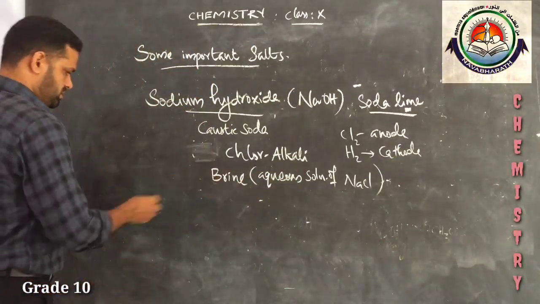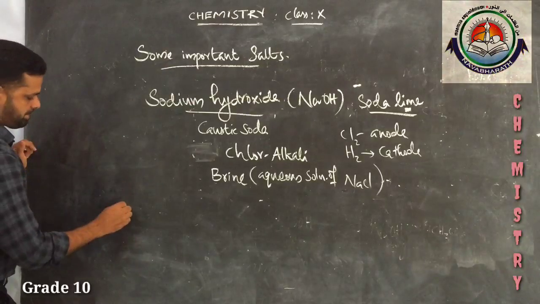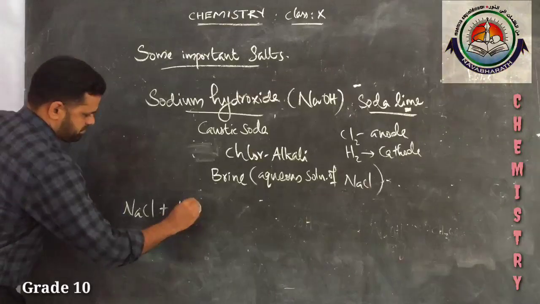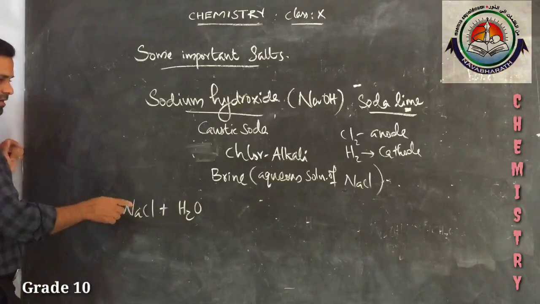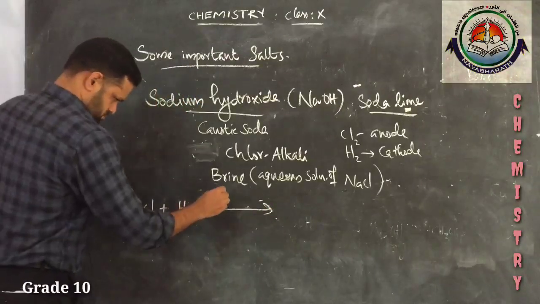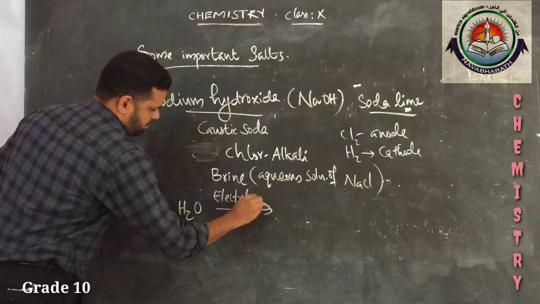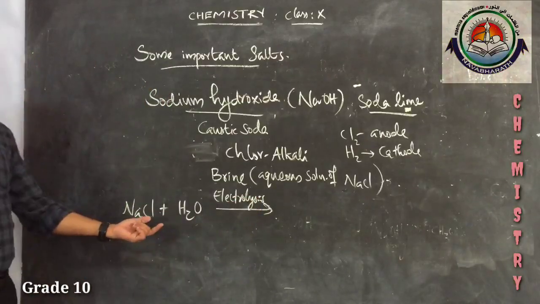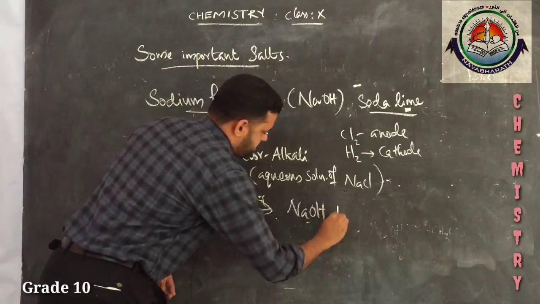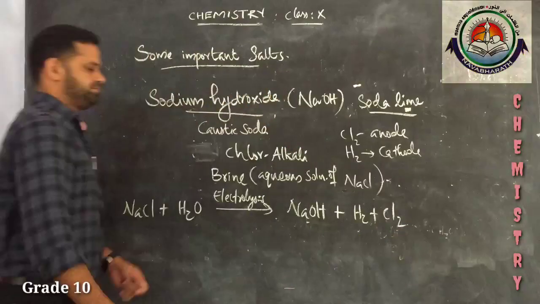Brine is NaCl plus H2O. Electrolysis of brine gives sodium hydroxide plus H2 plus Cl2.